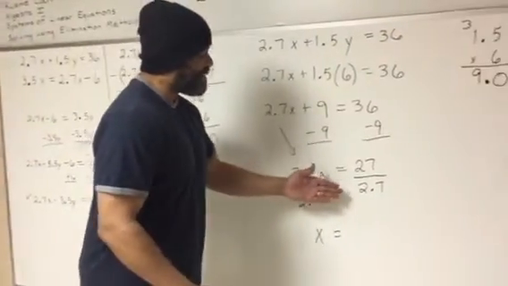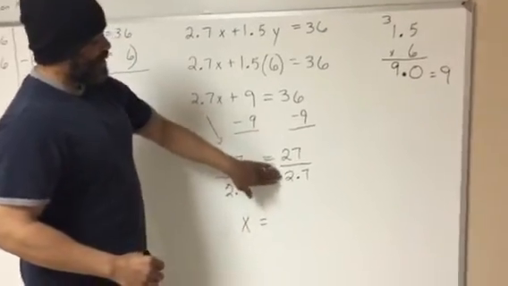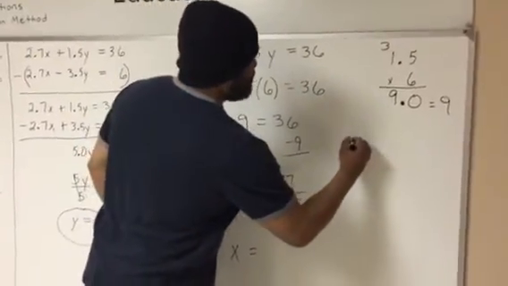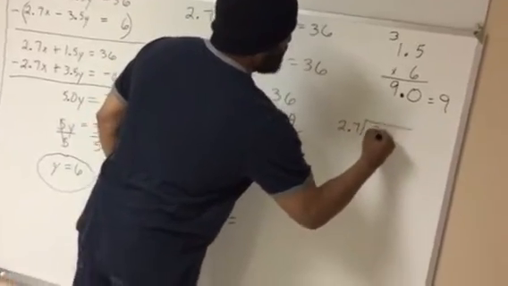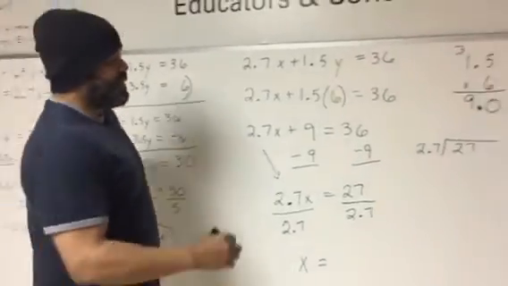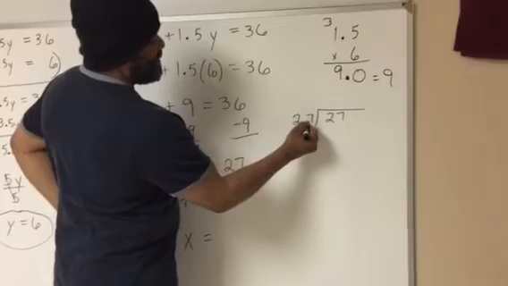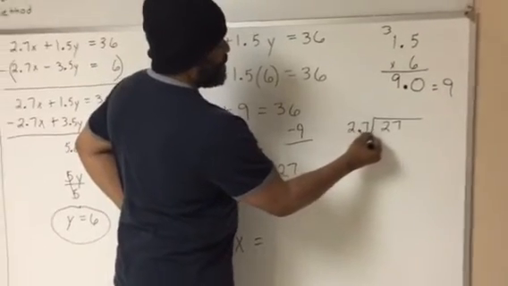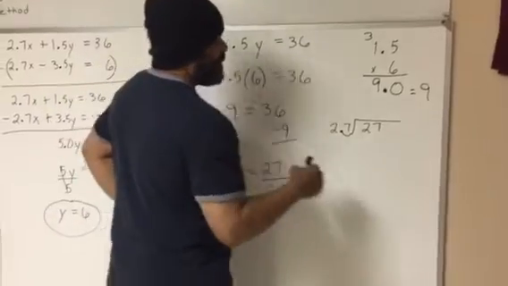But in case you forgot how to divide a whole number by a decimal number, you put this and put the whole number on the inside because it's up top. And I notice I have a decimal here. I cannot have decimals here, so I move it one place to the right to make it a whole number.